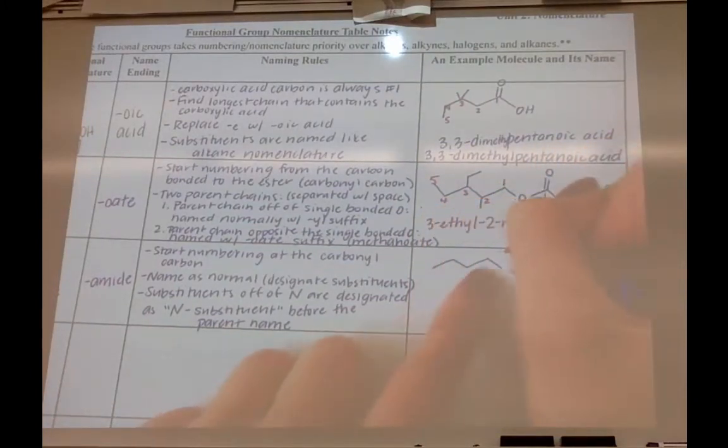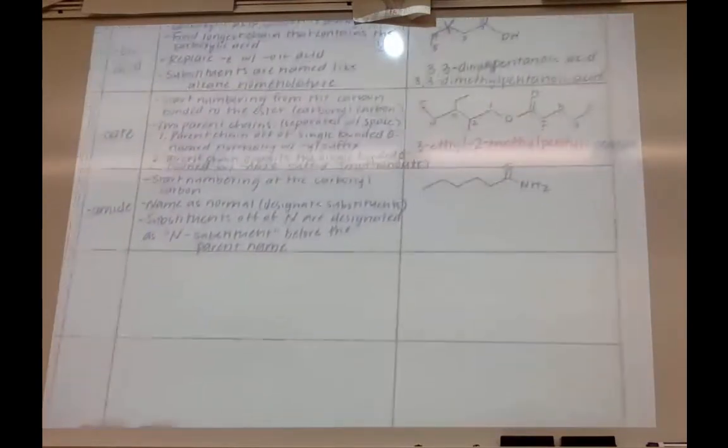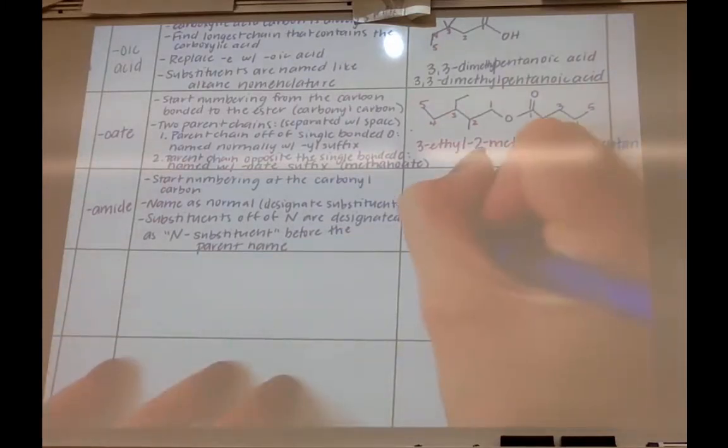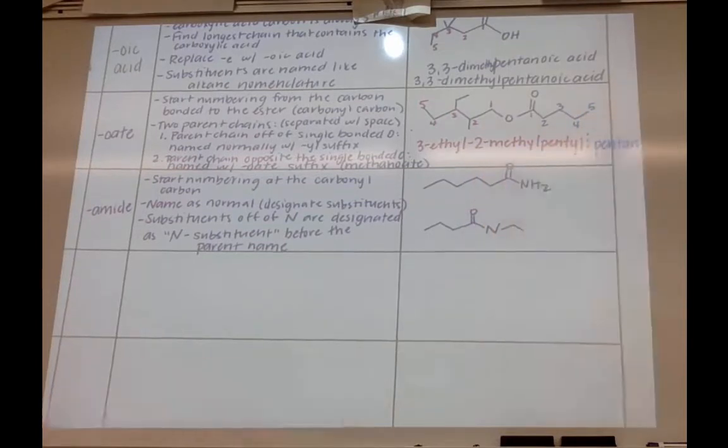1, 2, 3, 4, 5. Then NH2. So here's one of the examples. And then the other one, I'm going to make sure that I show you what it would look like if there's something off the nitrogen.